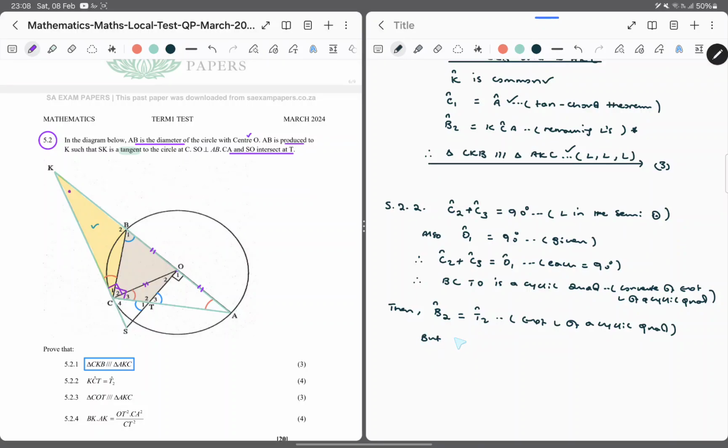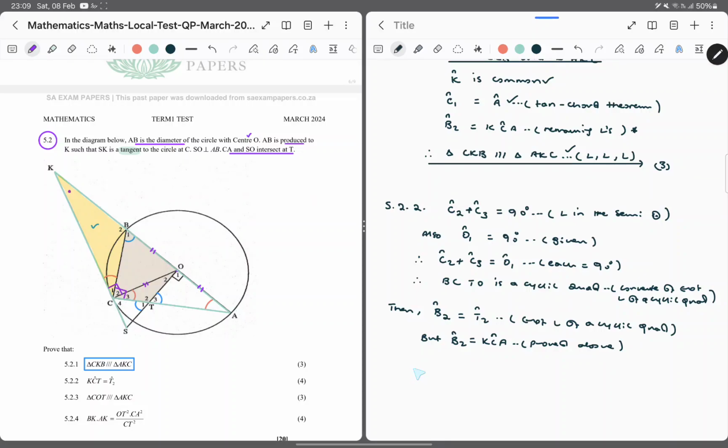but we know that technically B2 is equal to angle KCA, or what did they say, KCT? Okay, KCA, anyway, we used A there, we proved it above.